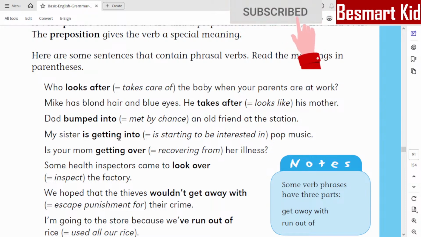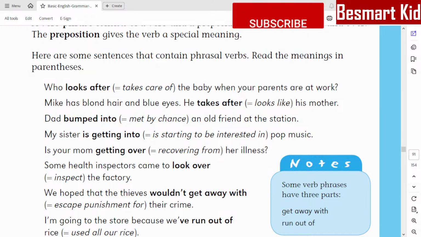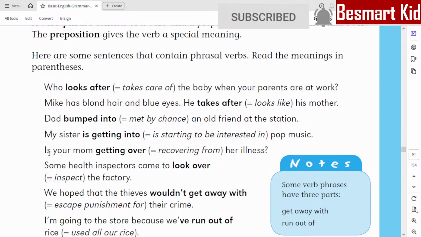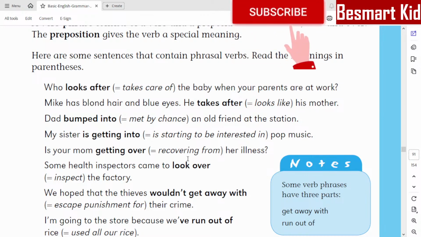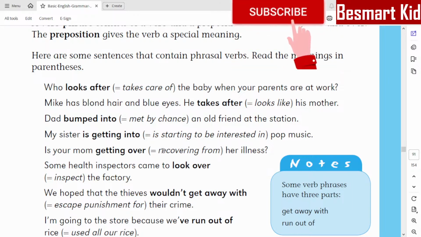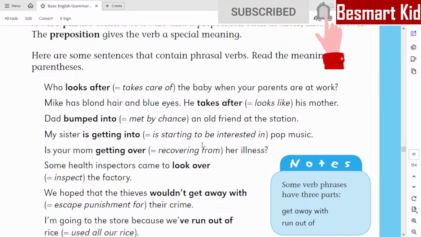This getting into it means is starting to be interested in. Is your mom getting over her illness? Here, getting over it means recovering from.